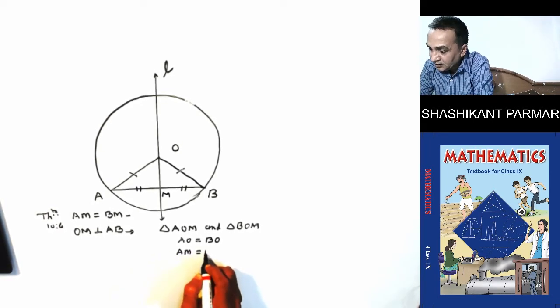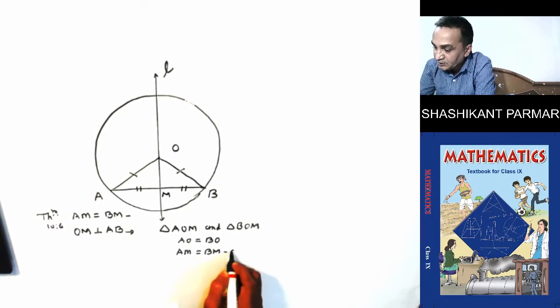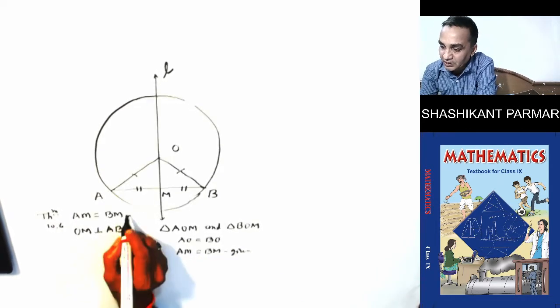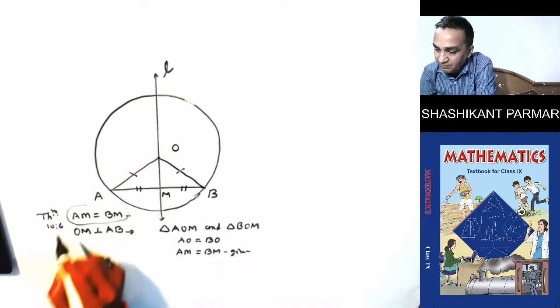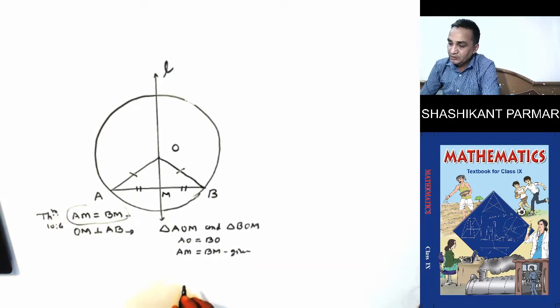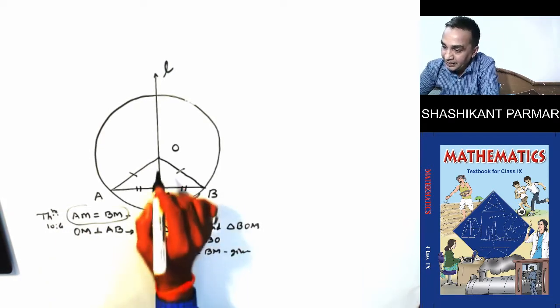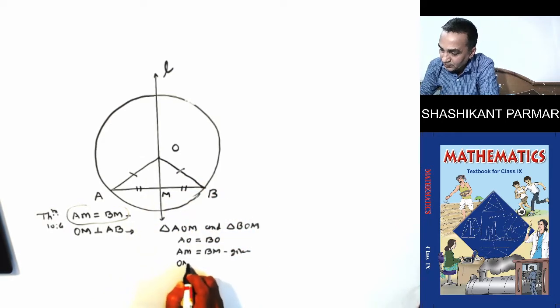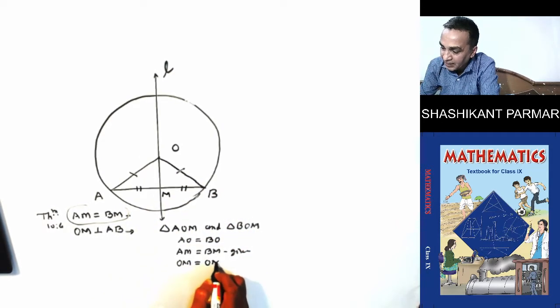AM is equal to BM is given, and OM is common to both triangles.